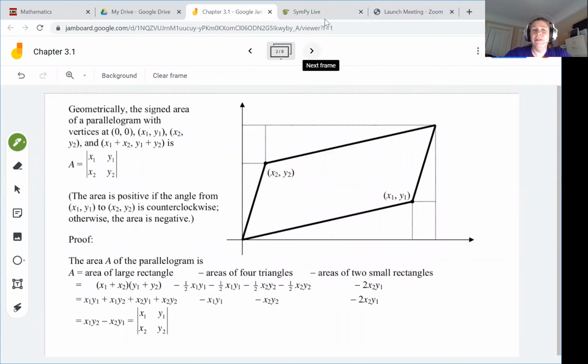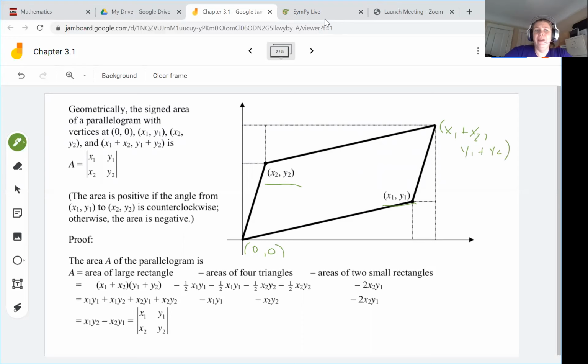So geometrically, we can think about the signed area of a parallelogram with vertices at 0, 0 down here, and then these other points, x1, y1, x2, y2, and then this last entry is x1 plus x2, comma, y1 plus y2.